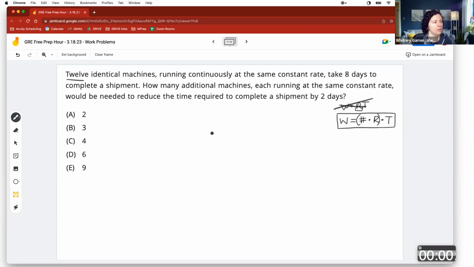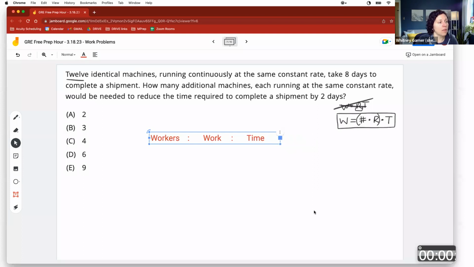Now that's all well and good, but I have a method that I like quite a bit more, which is a ratio method. So the way we're going to set up this ratio method is workers to work to time.